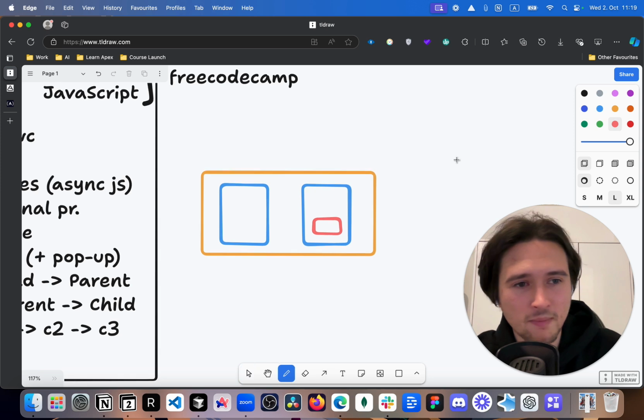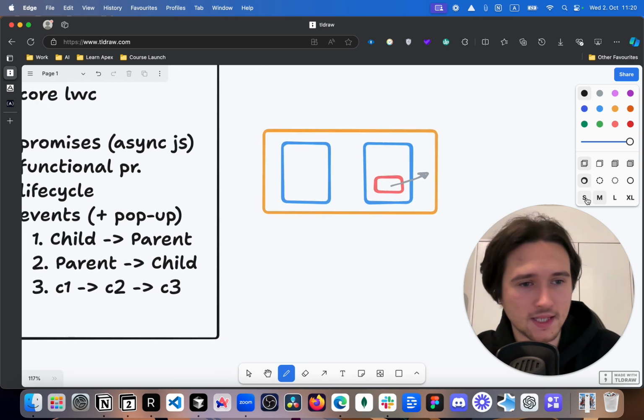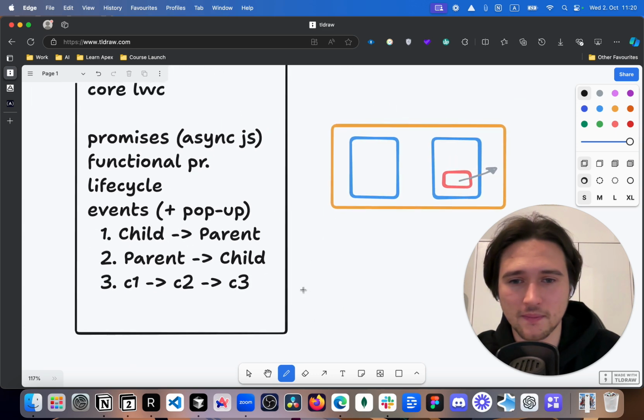So how do you make this component here communicate with the outer one? This is the thing that you need to understand the most, and it is a little bit hard to understand.